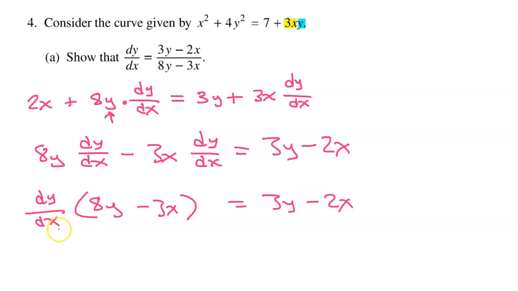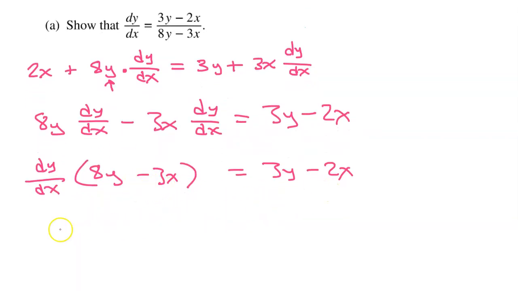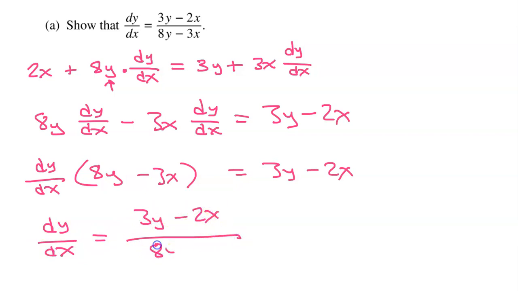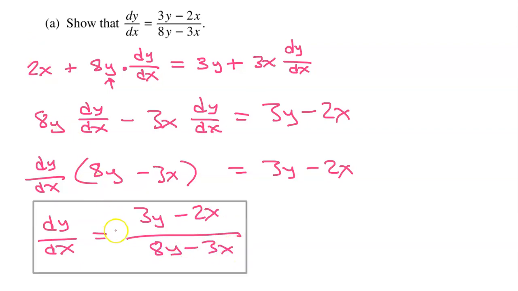Finally, to get dy/dx by itself, I'm going to divide both sides by 8y minus 3x. So this will end up in the denominator. So I have dy/dx is equal to (3y minus 2x) over (8y minus 3x). And that's exactly what we were supposed to show, so that's it for part A.